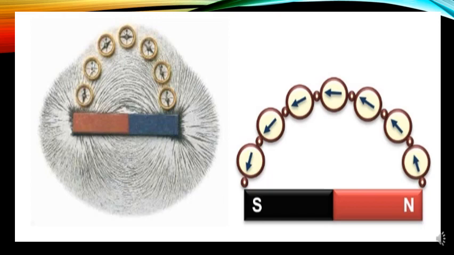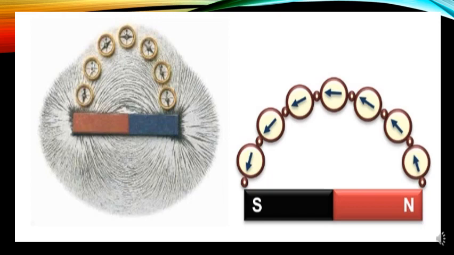Sprinkle a thin layer of iron filings over the card with the help of a sprinkler, or you can just sprinkle using your fingers. After sprinkling, just gently tap the card. The iron filings arrange themselves in a regular pattern as shown in the figure on the left side. This arrangement of iron filings gives us a rough picture of the pattern of magnetic field produced by a bar magnet.